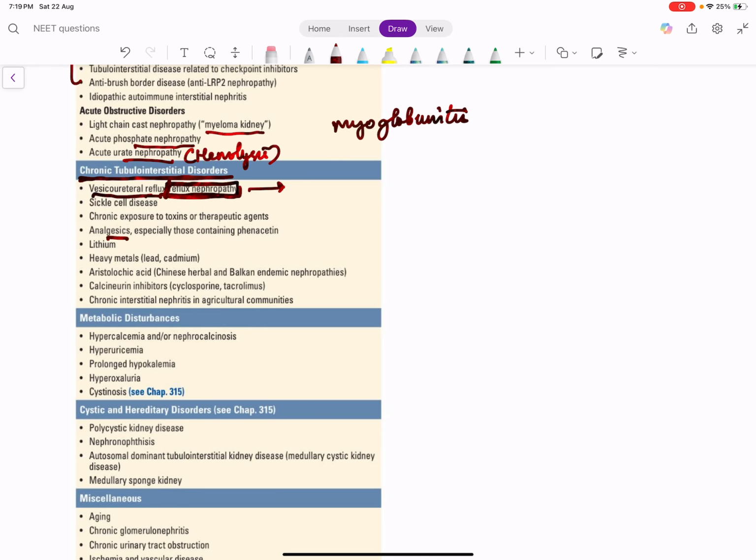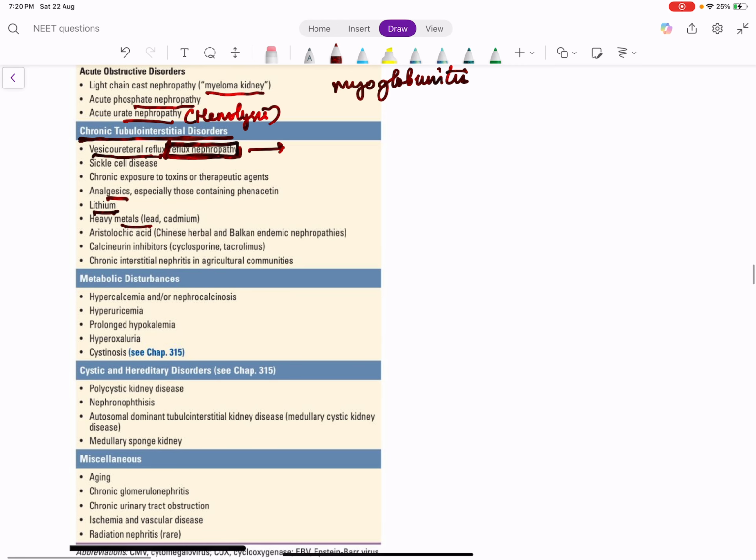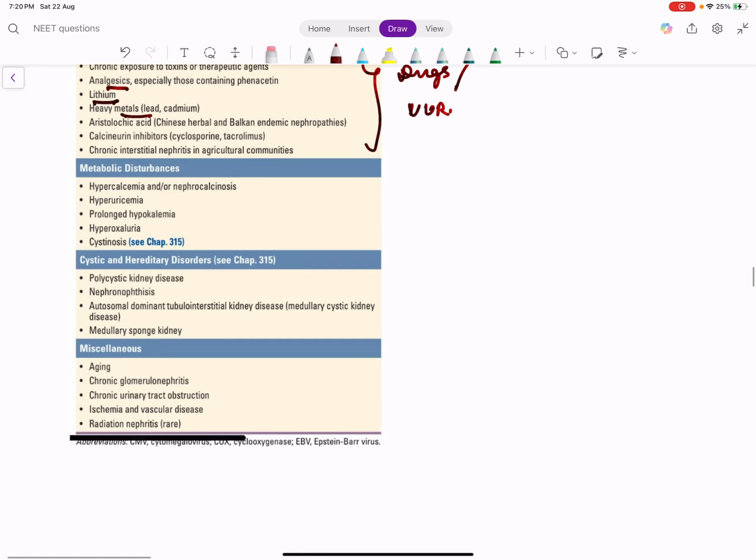Then we have other diseases also. Again, chronic drug-induced: lithium, heavy metals. Most of these will be drugs. So drugs and vesicoureteric reflux or reflux nephropathy, these are the chronic tubulointerstitial diseases.